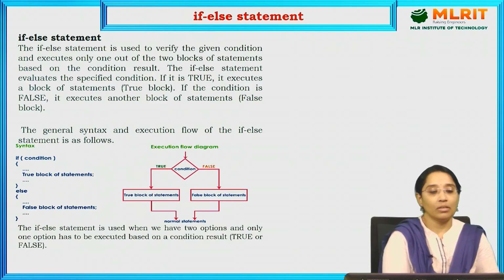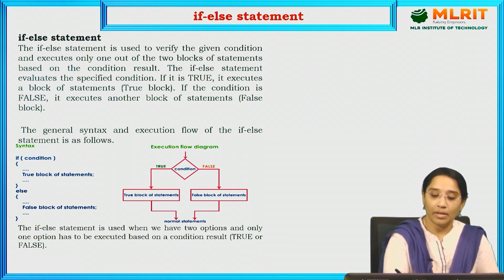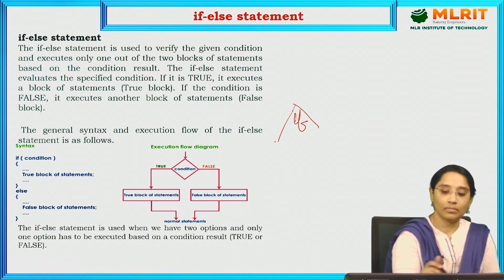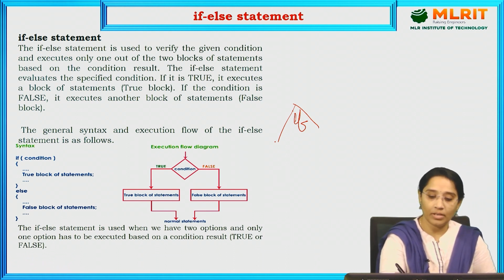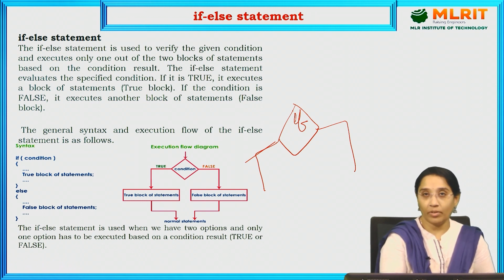Next one, if else statement. The if else statement is used to verify the given condition and executes only one out of the two blocks. So if else has, suppose this is a condition or the decision making, always represented with an if construct, and it will look like this.